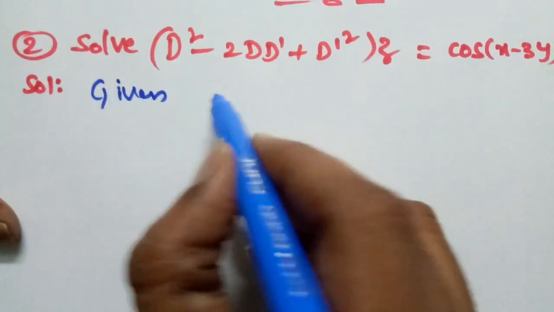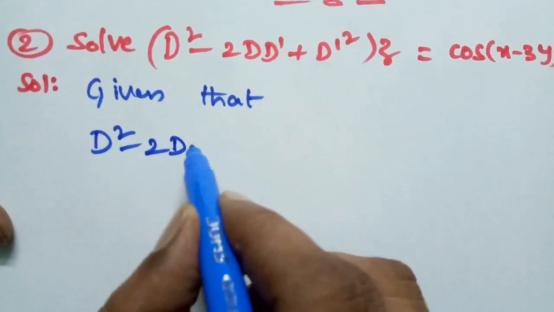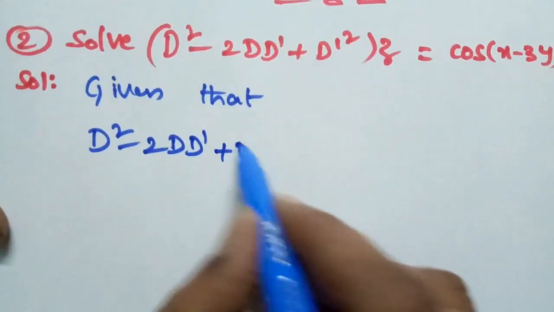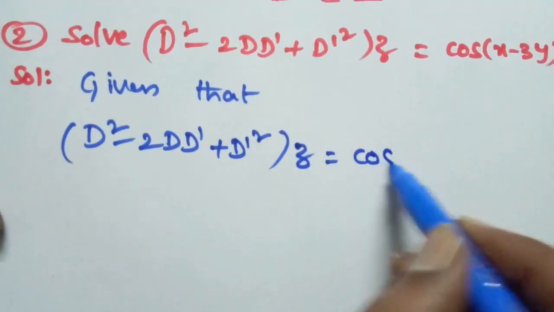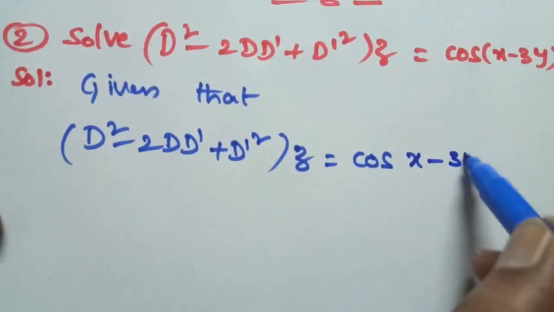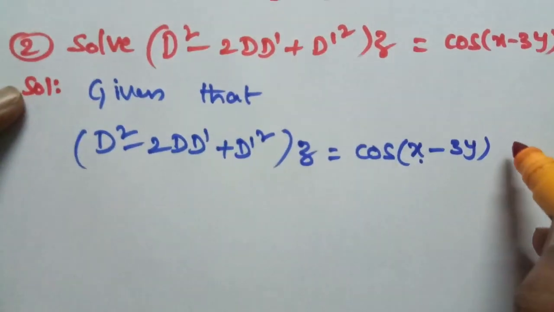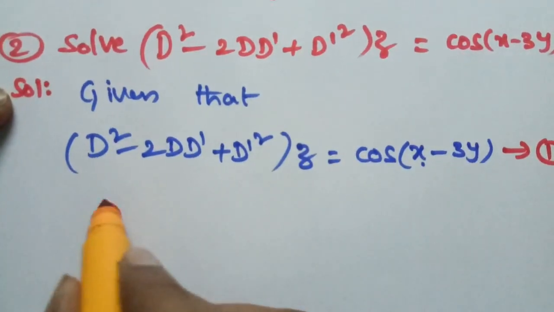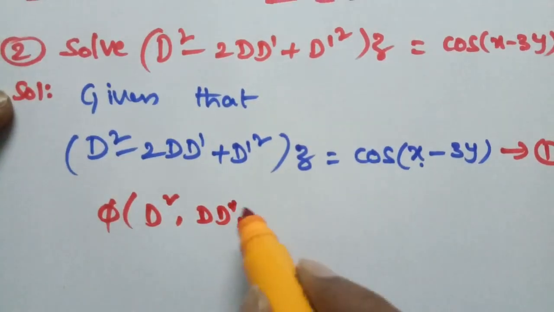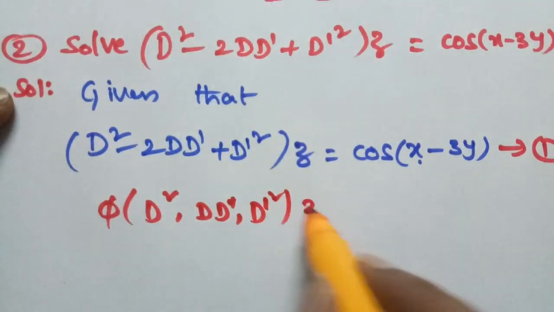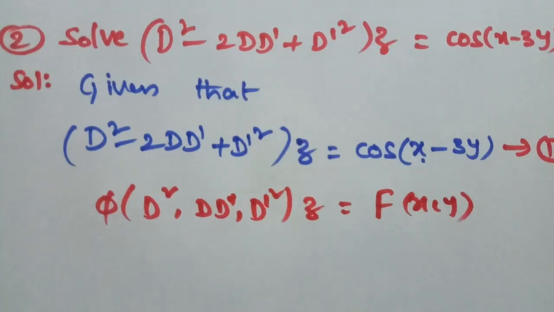Given that D square minus 2 D D dash plus D dash square z is equal to cos of x minus 3y. Say this is equation number 1. Phi of D square, D dash square of z is equal to f of x comma y.